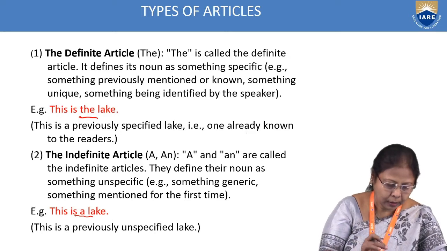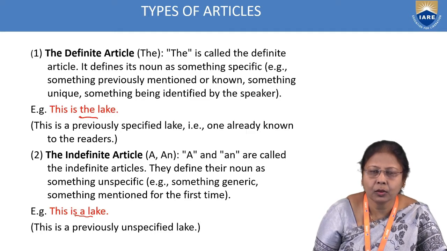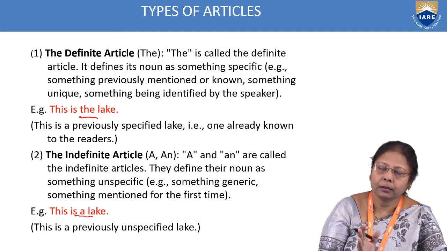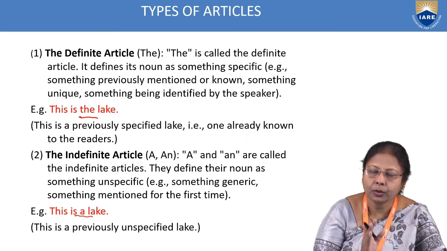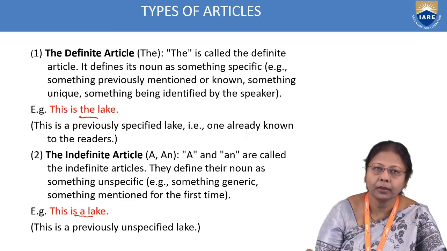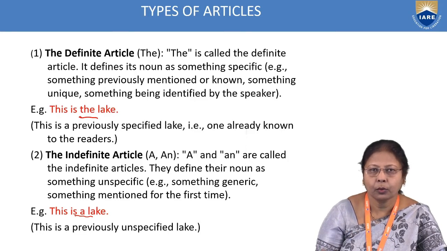But here, as we have lake, a consonant letter, L is a consonant letter. That's why before a consonant letter, we cannot go with an. An is used only for vowels. For consonants, we have to go for a.